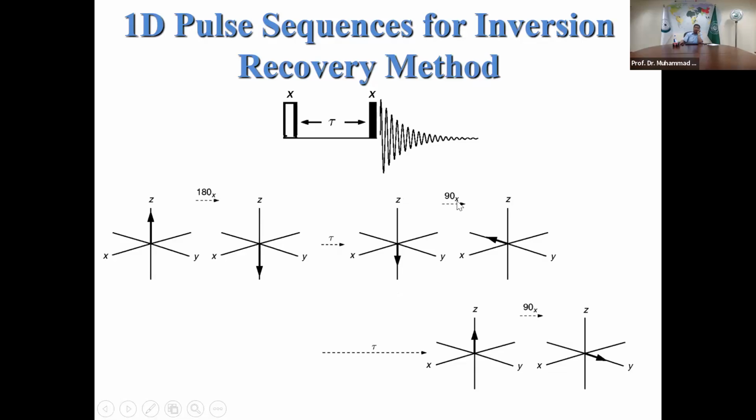And how would you record it? Only by 90x pulse. If you don't bring it to XY plane, you will not be able to record it, so it has to be on XY plane.